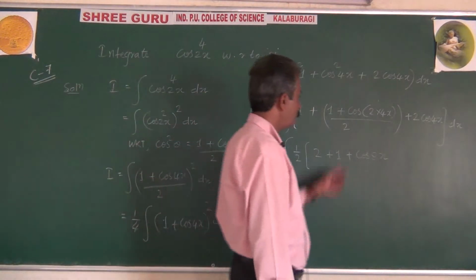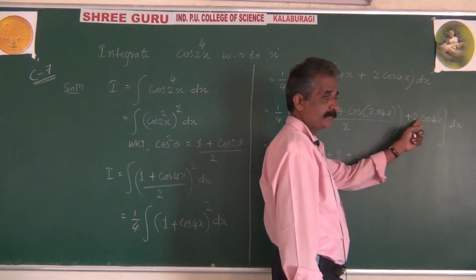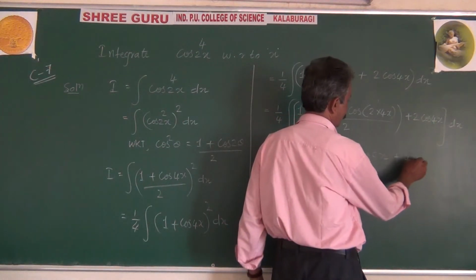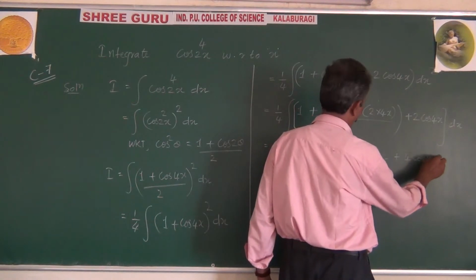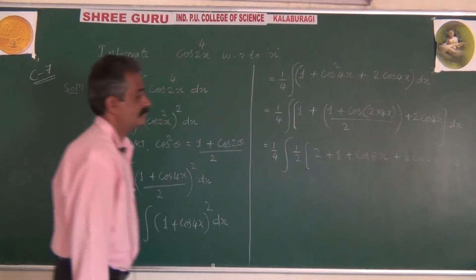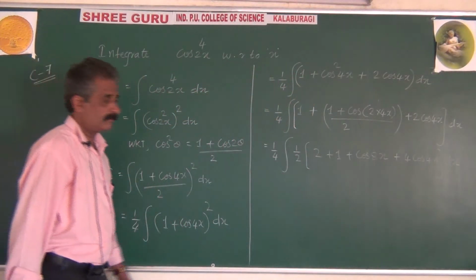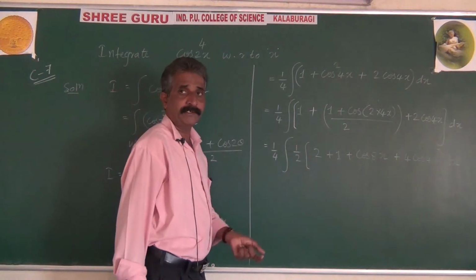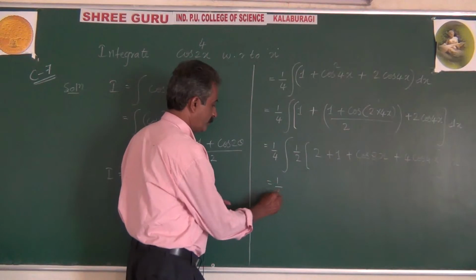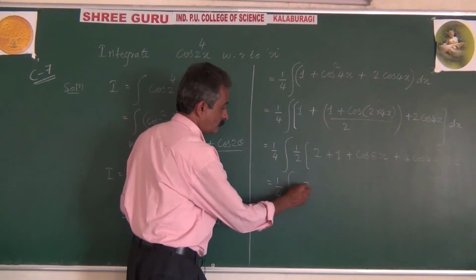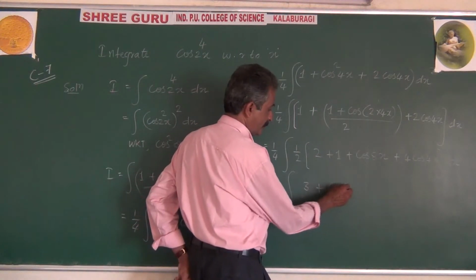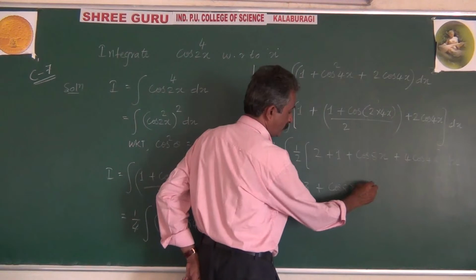Because of LCM 2, the 2 will multiply here, so that it becomes 2 into 2, 4, 4 cos 4x. Now, easily we can break the integration. In the meantime, 2 into 4 is 8. 1 by 4 integration 2 plus 1, 3, plus cos 8x plus 4 cos 4x.